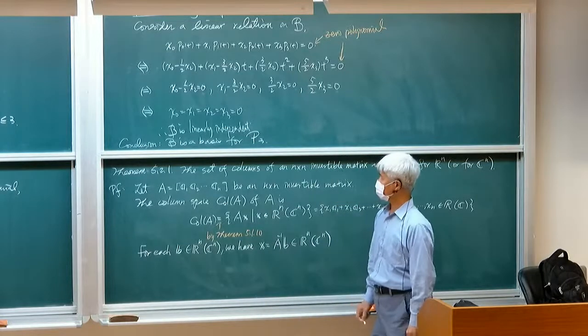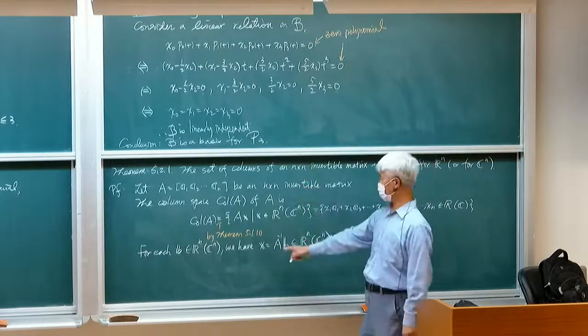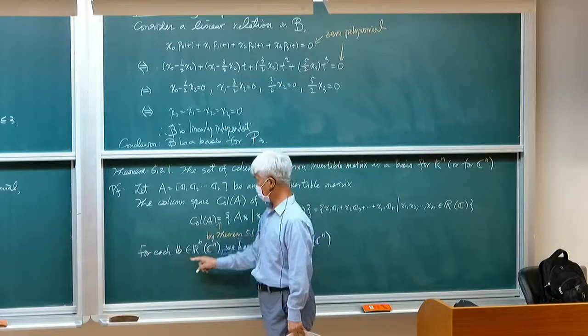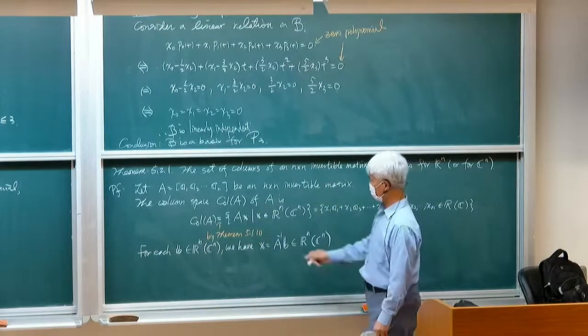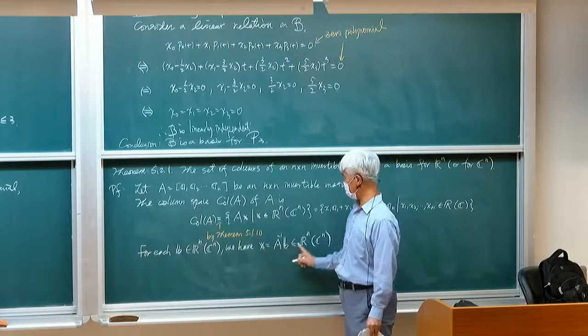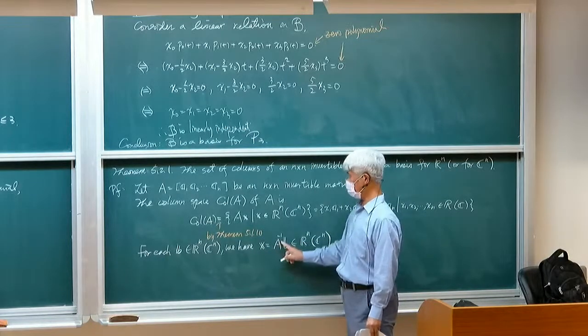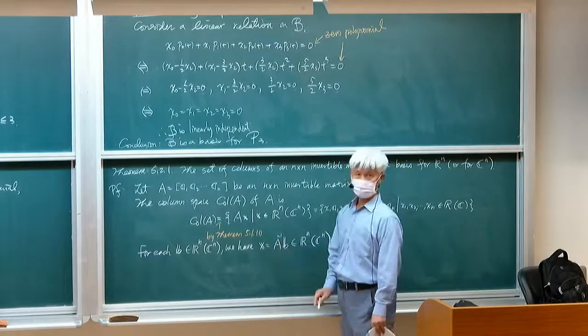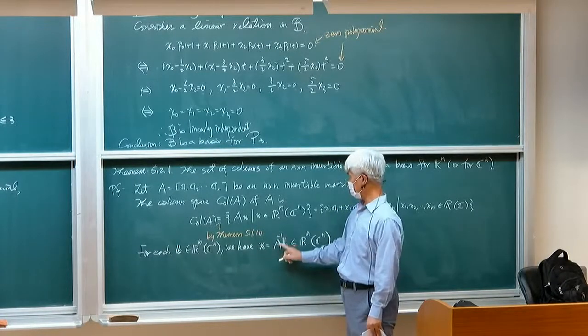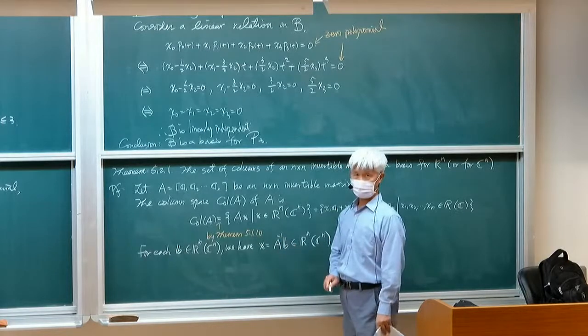Right? Because A is invertible, for each b in the Euclidean space, we have a vector in the Euclidean space by multiplying the vector b with the inverse matrix of A from the left.